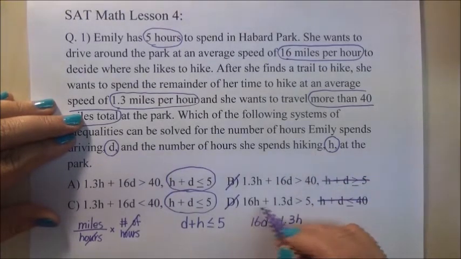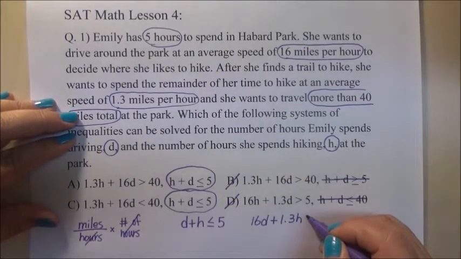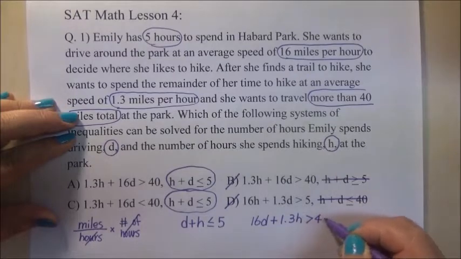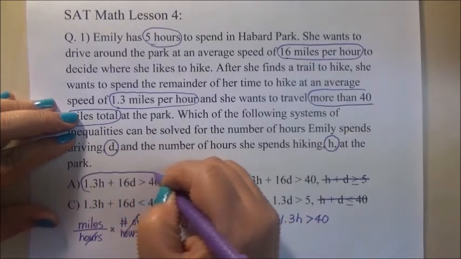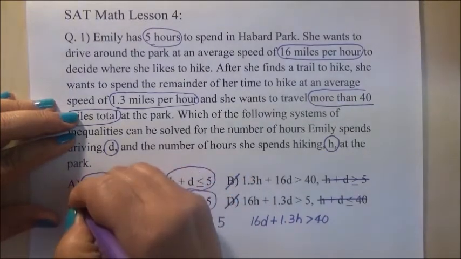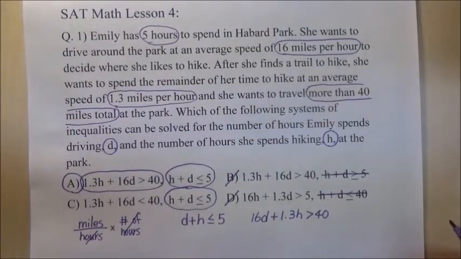So total miles is more than 40 miles. So we see the answer here. This is the same thing. So answer is A. So this is easy enough.